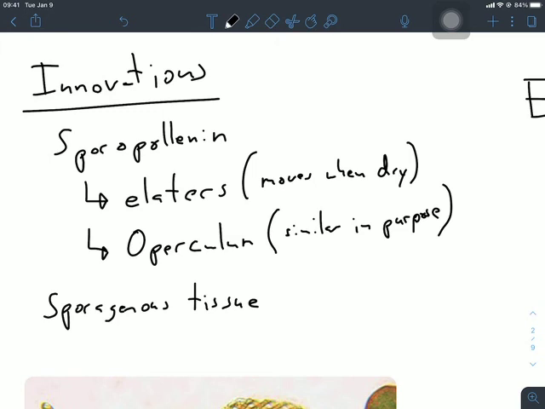When these sugar polymers dry out, they snap, and in snapping, they will then release a huge amount of spores in a lot of different directions.